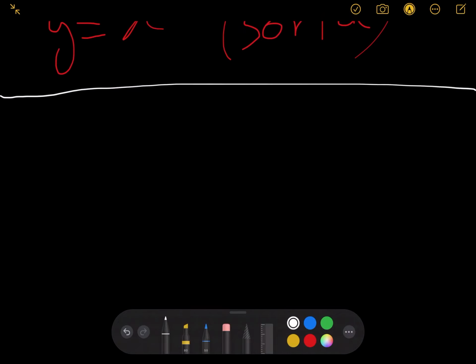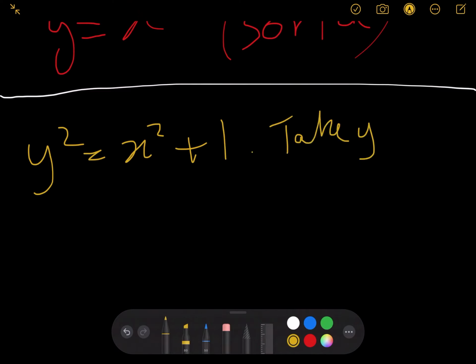But I did promise a more viable justification for this. So let's go back to the original equation: y squared equals x squared plus 1. Take y equals the square root of x squared plus 1.